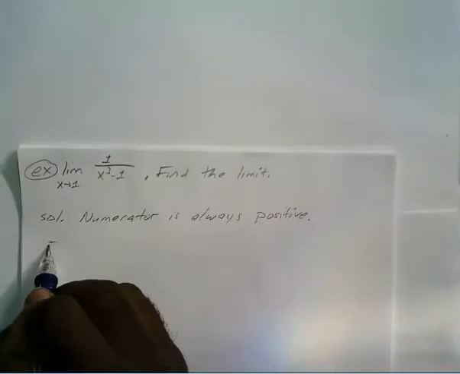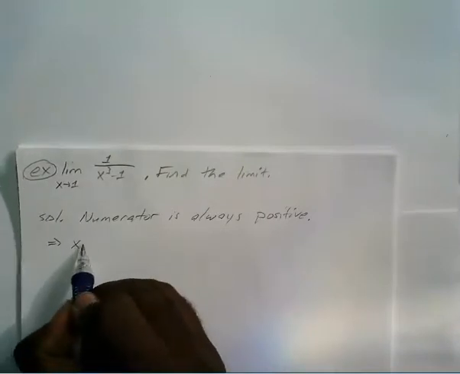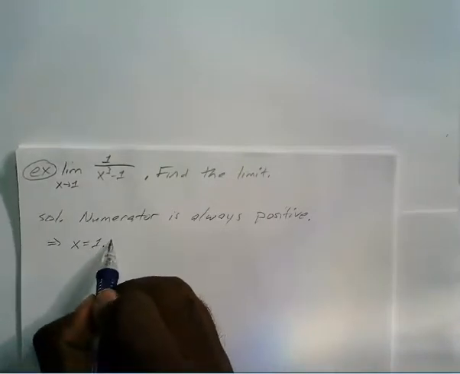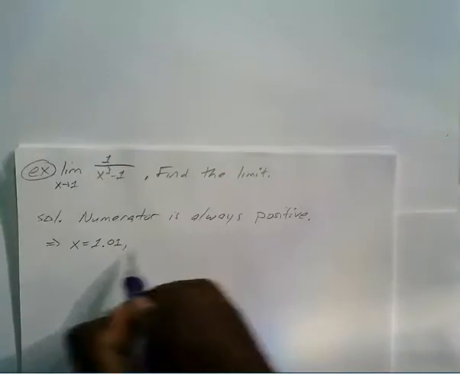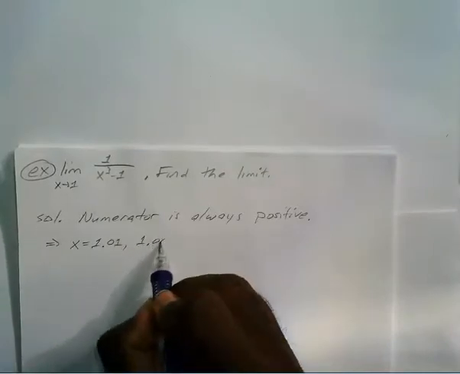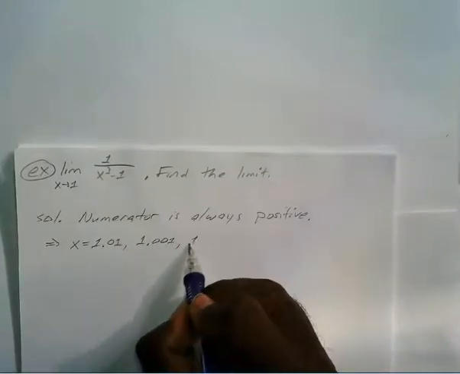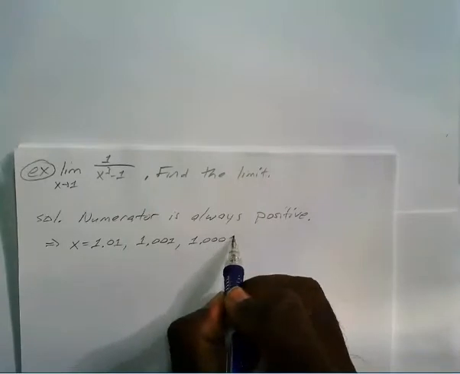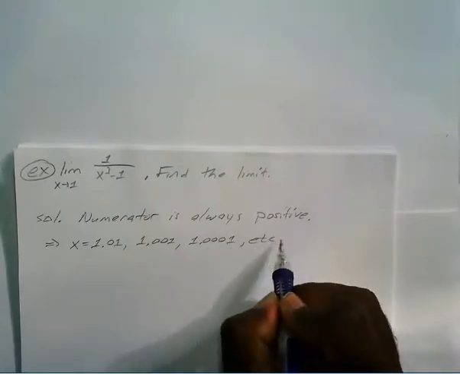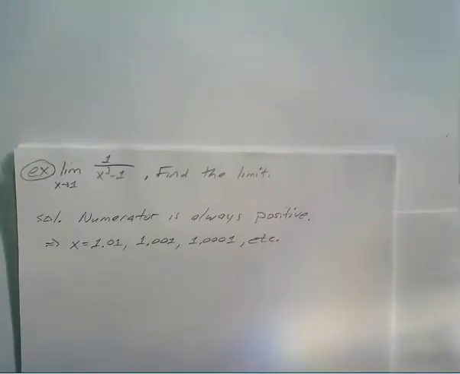Okay, so we can see here that for x equals 1.01, 1.001, 1.0001, etc.